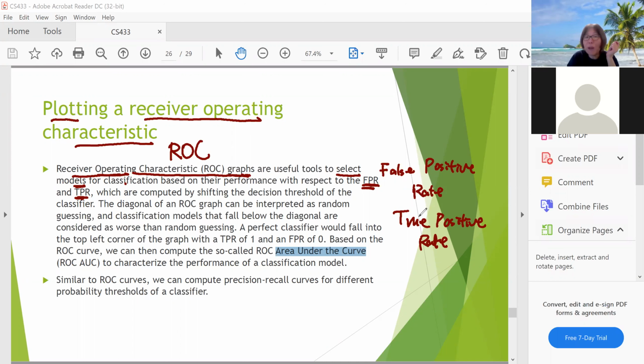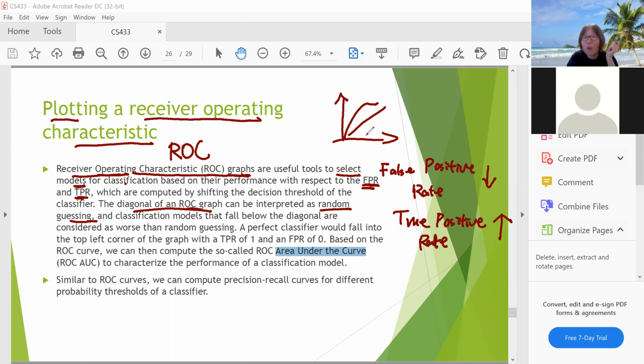A model is better as the true positive rate is high and the false positive rate is low. And basically we can also graph the relationship between these two. And on this graph, the diagonal one basically is random guessing.